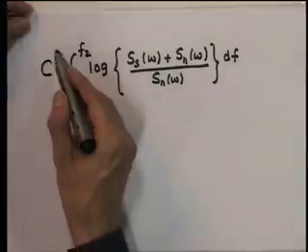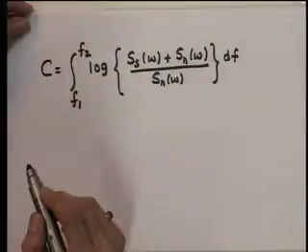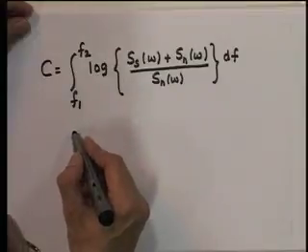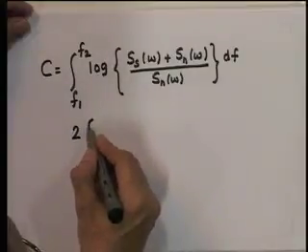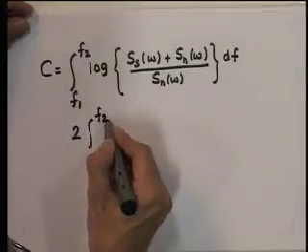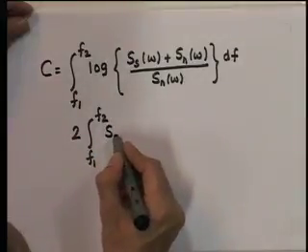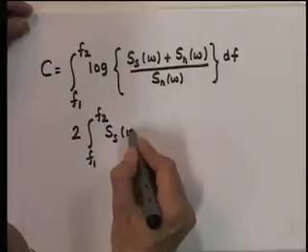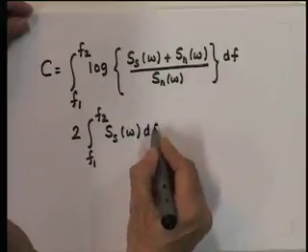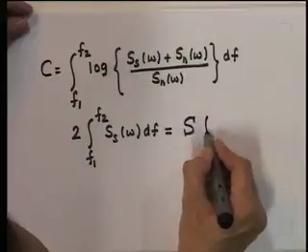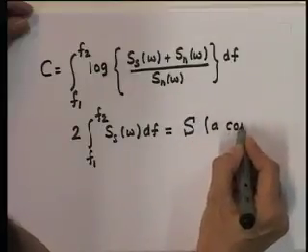Now, we wish to maximize C where the constraint is that signal power is constant, that is twice the integral of F1 to F2 of signal power density is equal to capital S, a constant.